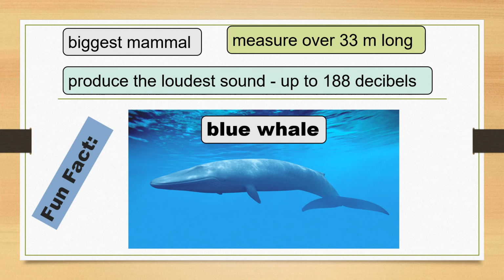It can also produce the loudest sound produced by a living animal, up to 188 decibels, so that is very loud. So what do they call the biggest mammal? It is the blue whale.